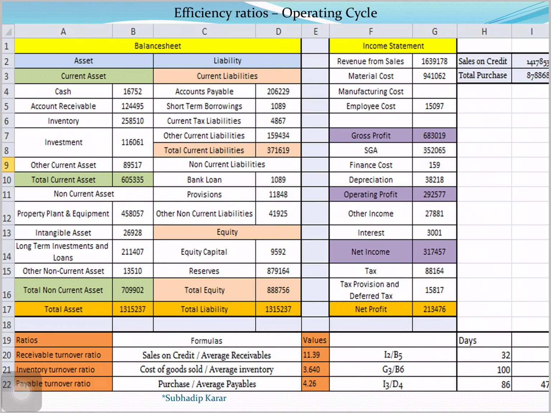So receivable turnover days plus inventory turnover days, subtract payable turnover days, gives us 47 days. So the net operating cycle for this company is 47 days.